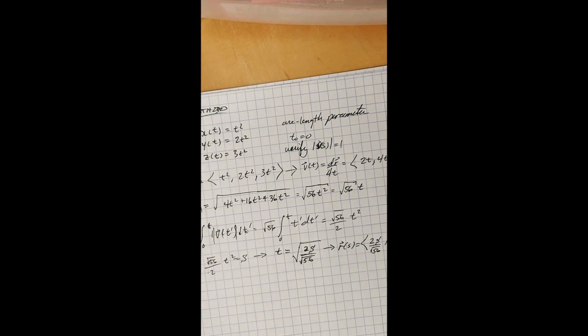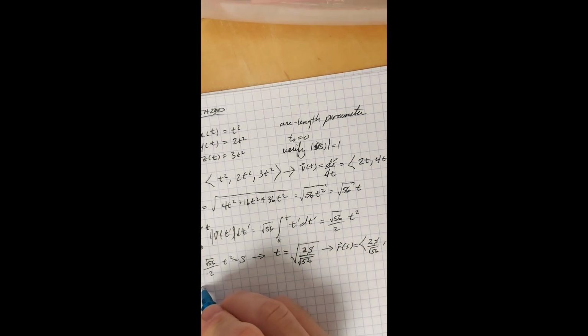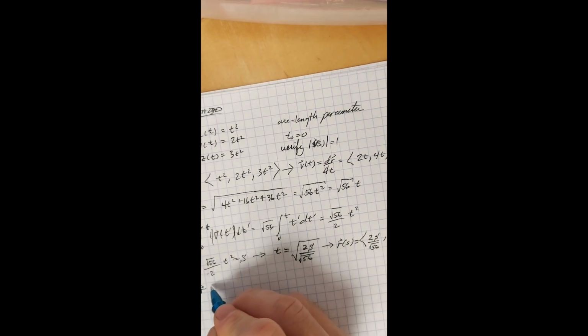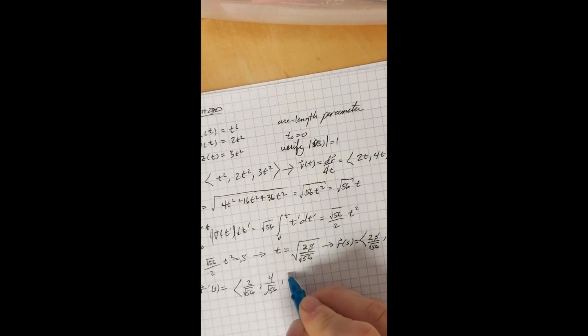All right. Taking the derivative of this, then r prime of s is going to give us 2 over the square root of 56, 4 over the square root of 56, and 6 over the square root of 56.